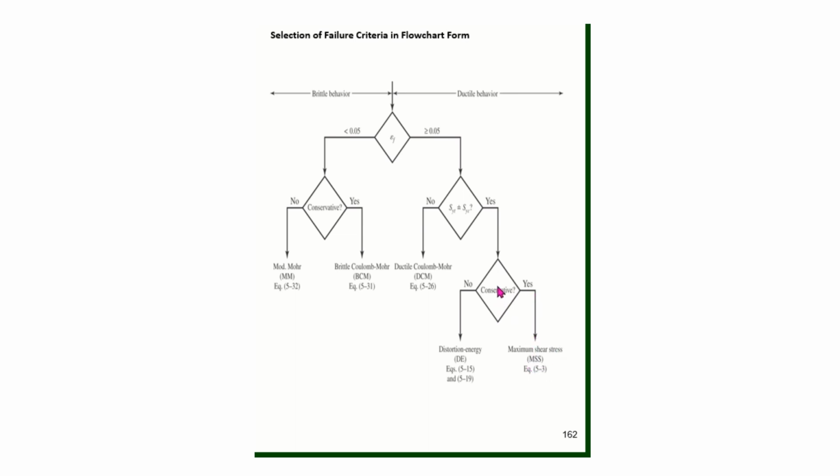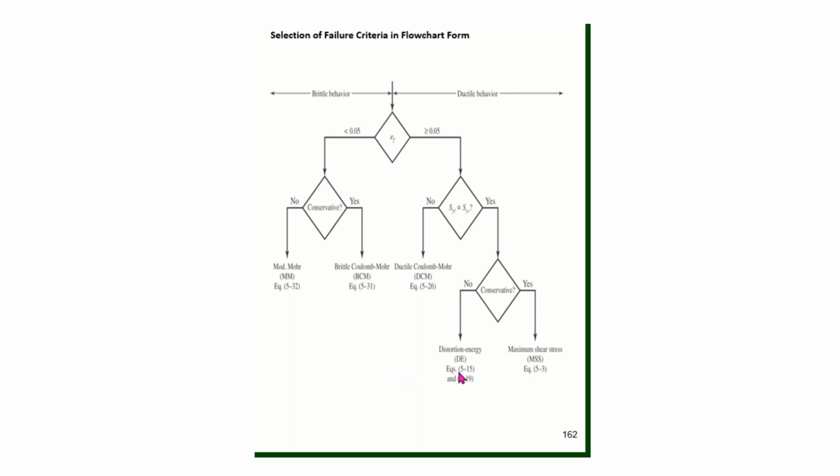If we wanted to be more accurate, but not necessarily conservative, we would use distortional energy. And then way back up here in this decision block, if our Syt and our Syc are not equal, then we would come over and use the ductile Coulomb-Mohr.